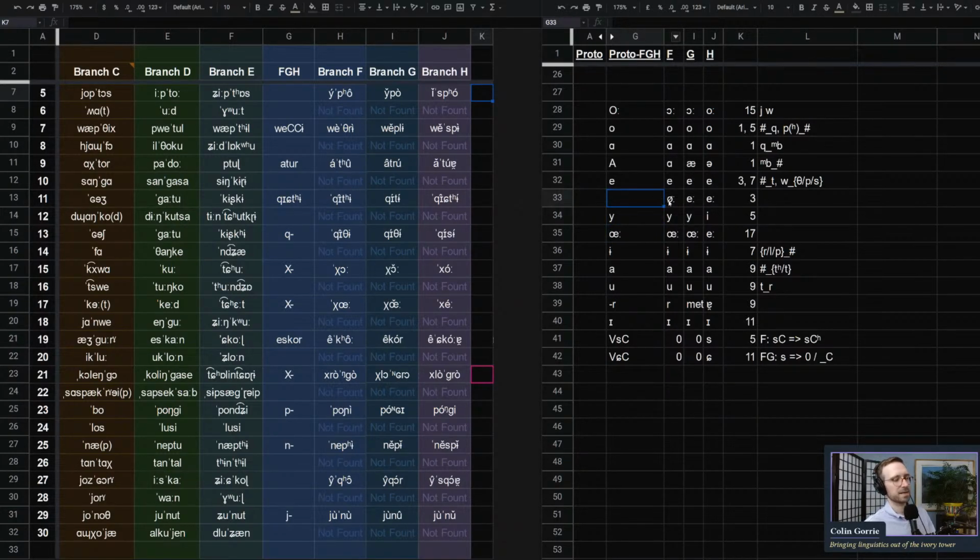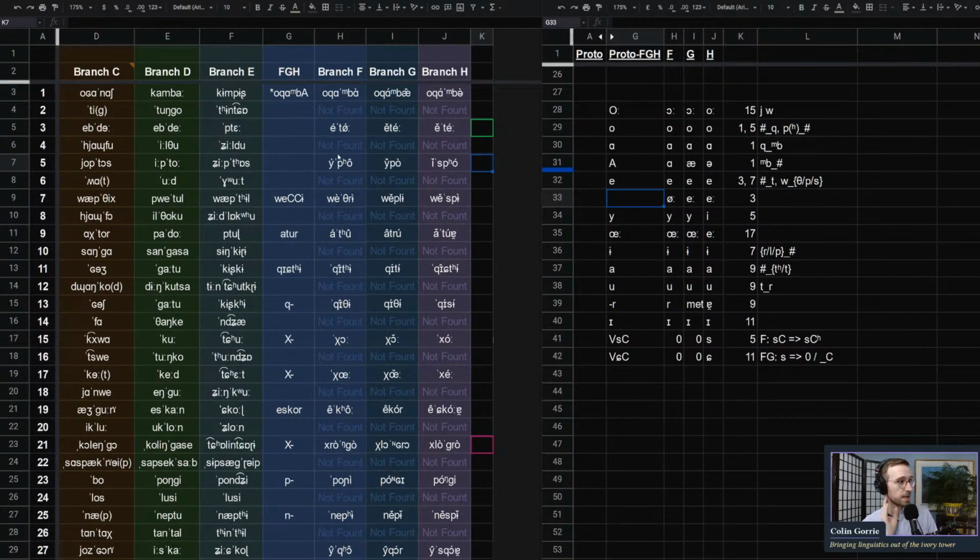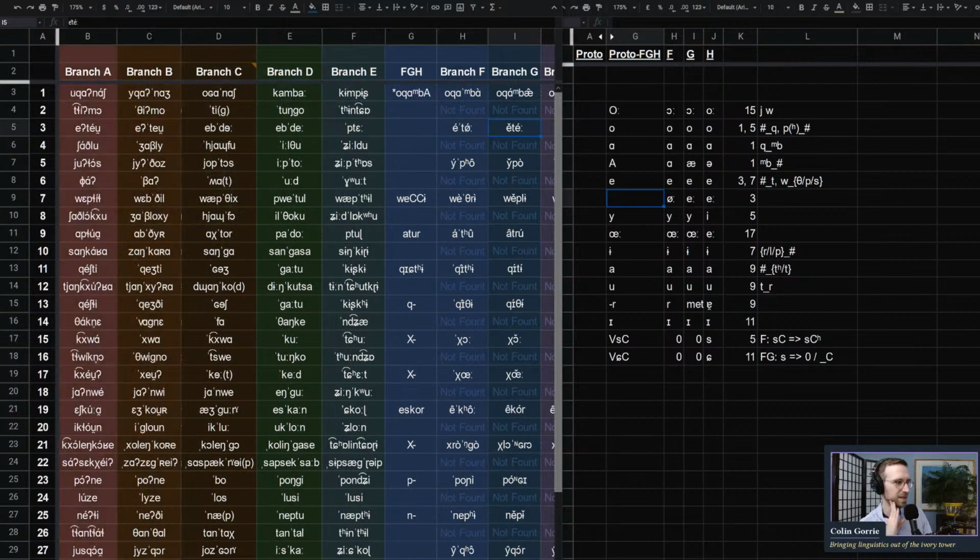And this pair in 3 is a bit different. It's the final vowel here, because it unrounds in G as well, which we didn't see for the others. And interestingly, in ABC we have ow, or in A and B we have ow.